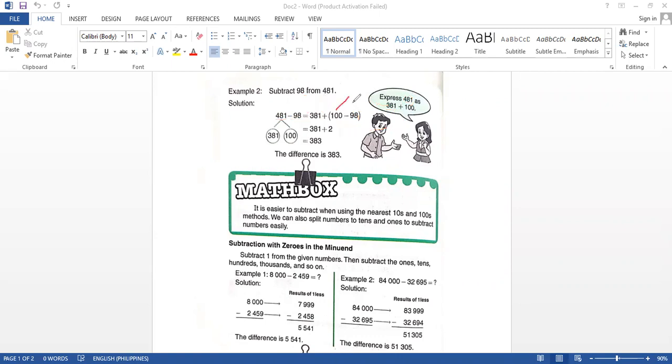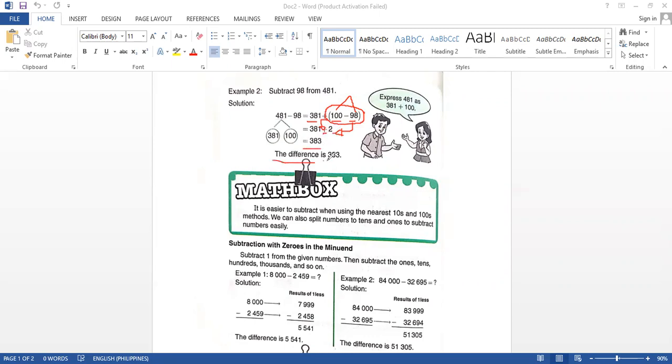First, we are going to subtract the numbers inside the parentheses. So 100 minus 98 is 2. Okay, so we have here 318. So you're going to bring down 318. 318 plus 2 is equal to 320.